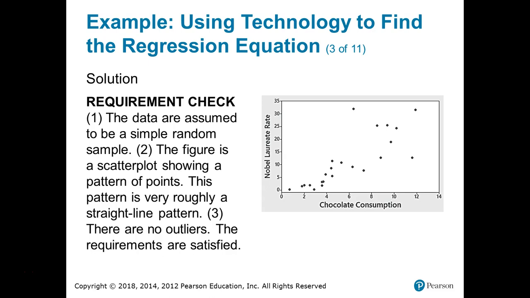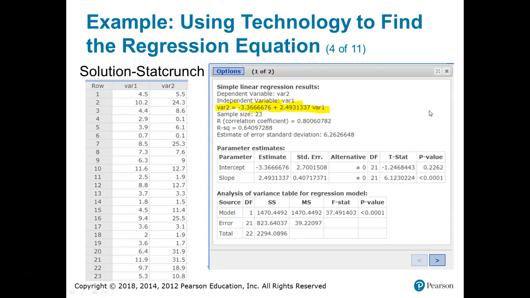Requirement check: there are no outliers, it's simple random, it generally shows straight line data, good, good, good. We do the same methodology as in the previous section, with variable 1, chocolate, going down over here, variable 2, Nobel Prizes, going down here, and we followed the steps as I showed on the last slide. Then we got this, the same output screen.